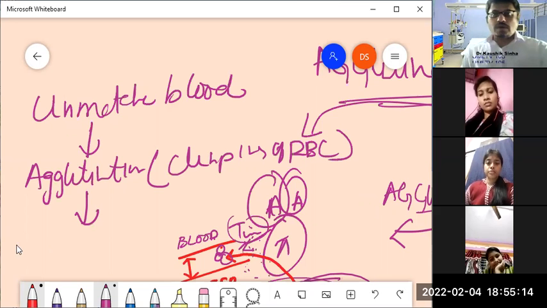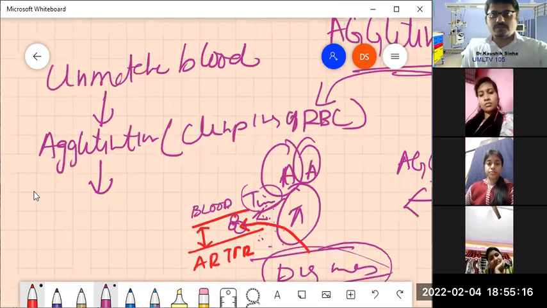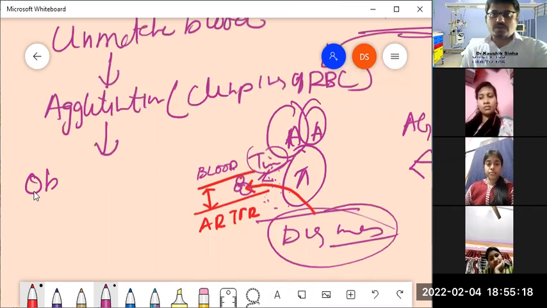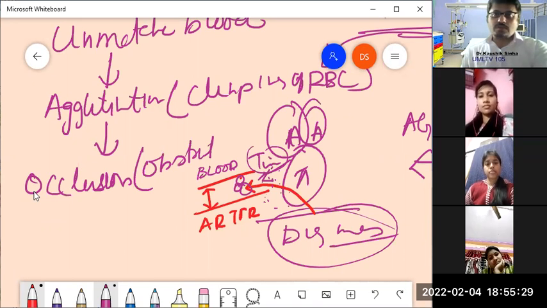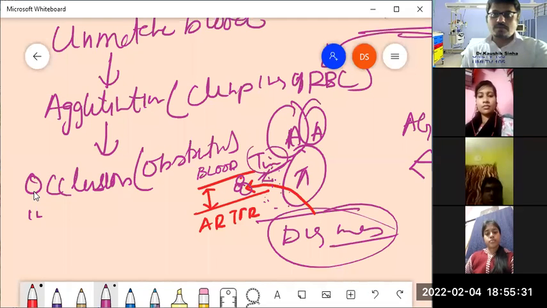So once this agglutinated mass causes obstruction, or technically it is known as occlusion, I will write first the technical term. Occlusion or obstruction in blood flow.